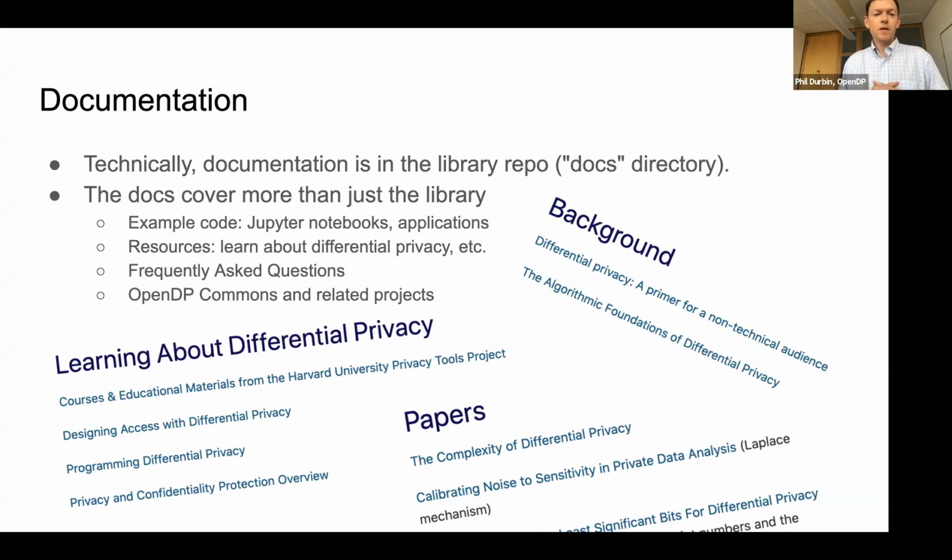There's a frequently asked questions section. We've covered the OpenDP Commons, and then I'll just mention that we also link to related projects. OpenDP is not the only differential privacy software in town, and we're happy to promote DP in general and suggest other projects you might also want to check out.